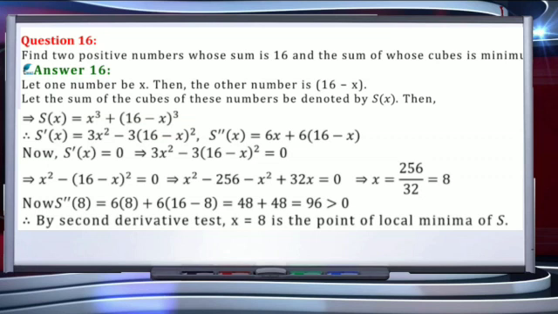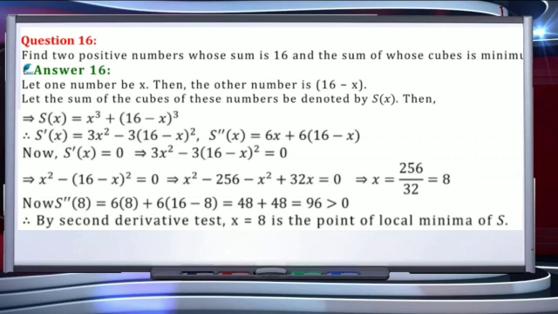As we proceeded in the previous questions, first we will find its first derivative and put it equal to 0. Here its first derivative is 6x plus 6 into (16 minus x), and we are substituting it equal to 0. So we are getting the value of x as 8. Now we have to find its second order derivative and substitute the value 8 in it.